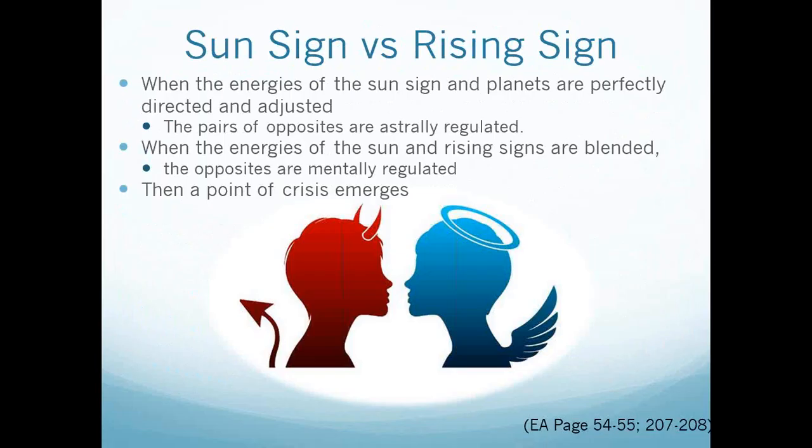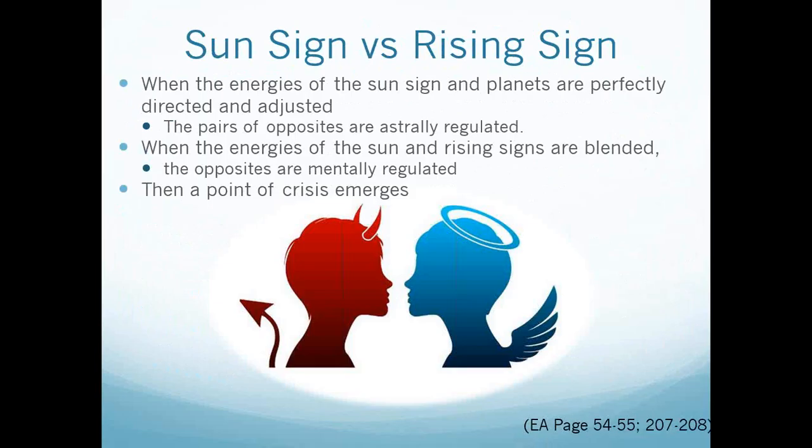And the moral to this story is that when the energies of the sun sign and planets, as Eva told us, the personality, are perfectly directed and adjusted, then the opposites are astrally regulated.